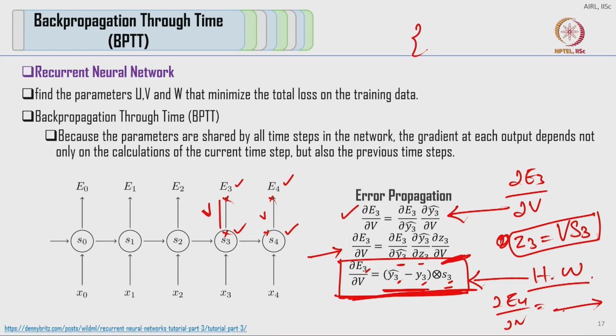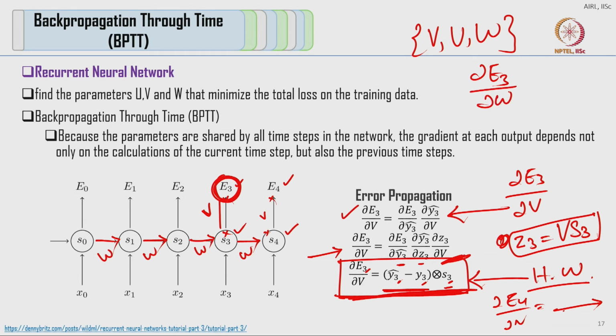Now the learnable parameters we have are V, U and W. Let us take a look at W. As we observe in W, even for E3, if we wanted to calculate ∂E3/∂W, once we reach W, it has a recurring relationship.